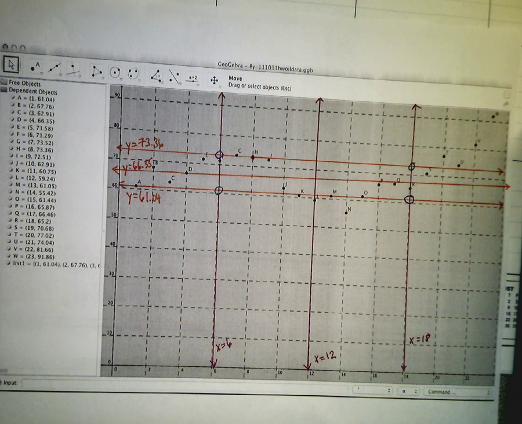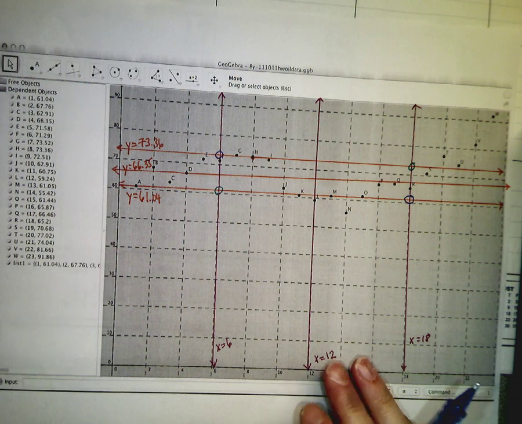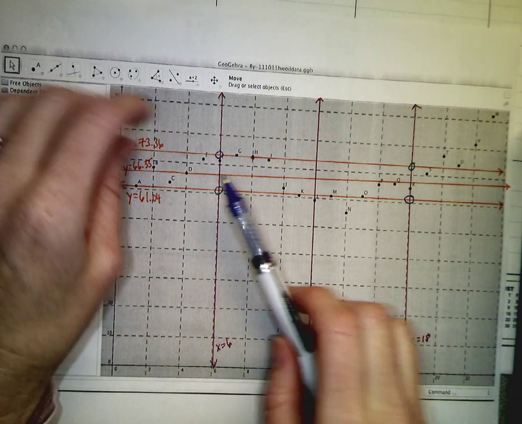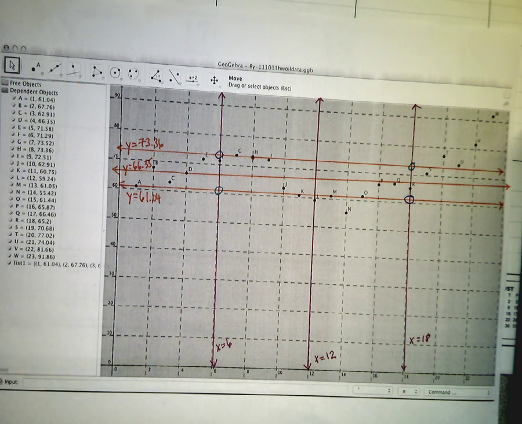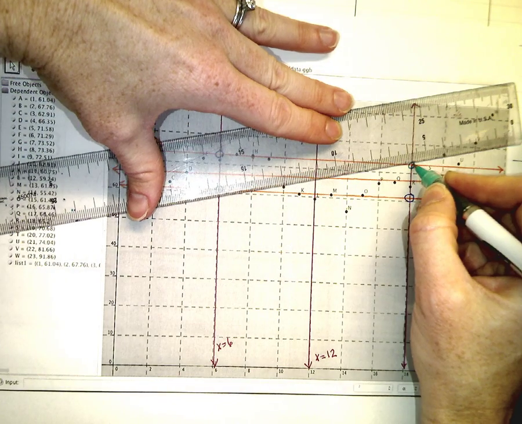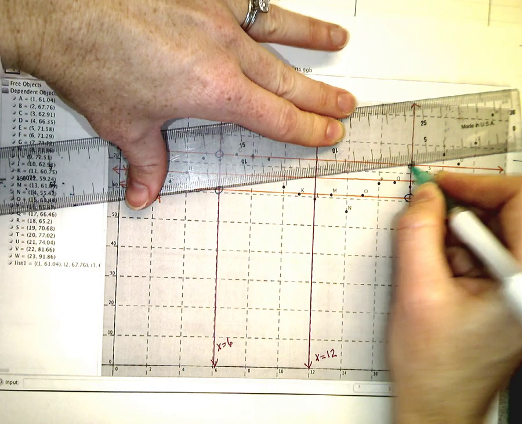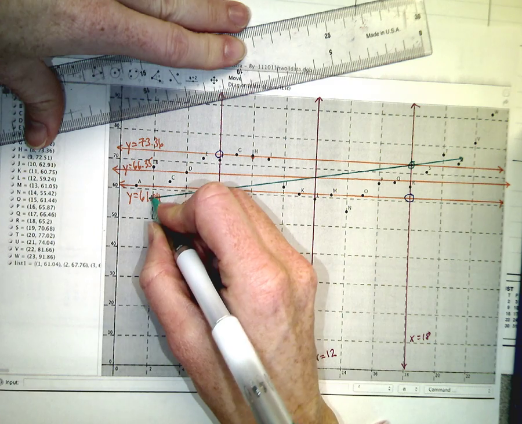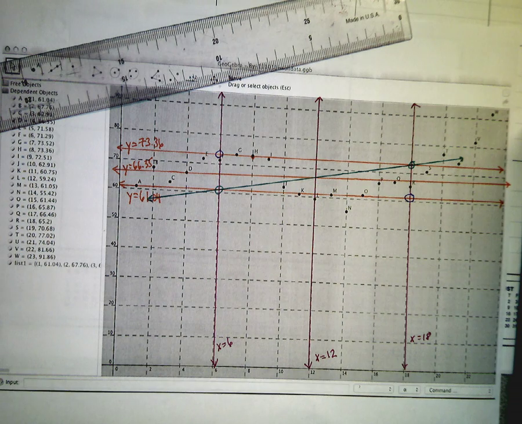I think you could just as easily make the argument for one or the other. I would be easily persuaded either way. Overall the data is increasing, so I would connect this vertex and this vertex. And this is my line of best fit using Q-plots.